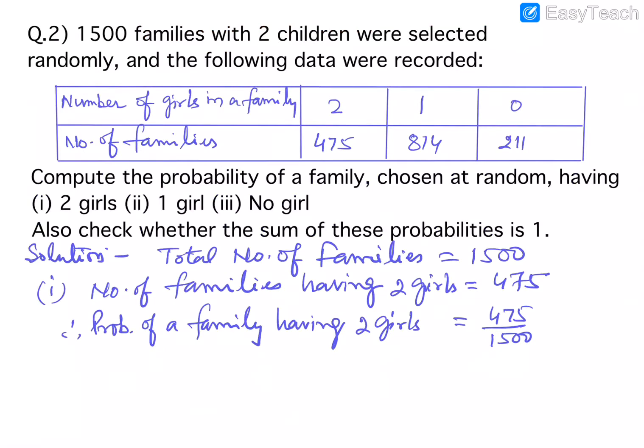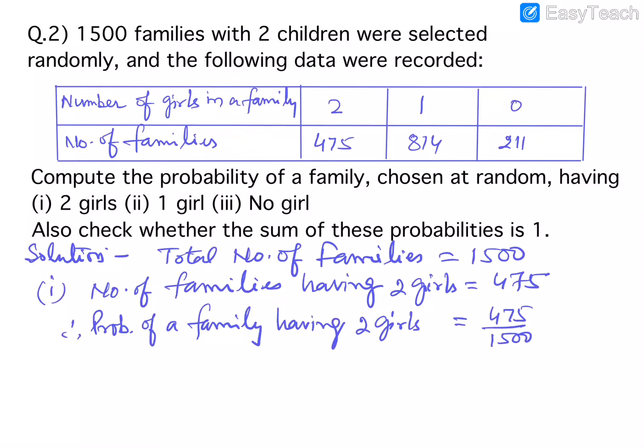Now question number 2. 1,500 families with 2 children were selected randomly and the following data were recorded. Number of girls in a family is equal to 2, and there are 475 such families.